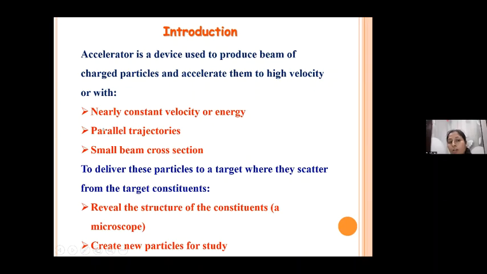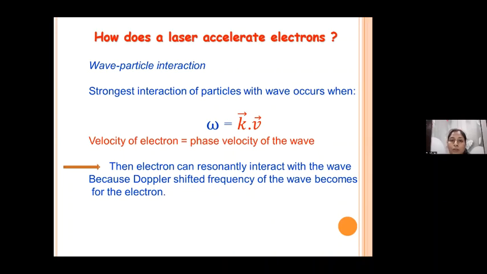The parallel trajectories are there, and we have a small beam cross section for the laser. And to deliver these particles where they scatter from the target, this is important to reveal the structure of the constituents and to create new particles for study, for example, gamma particles or other things.